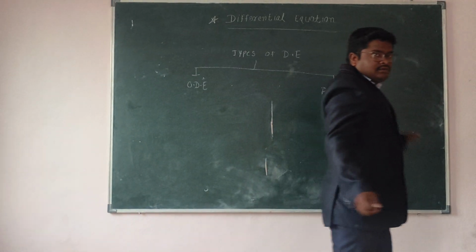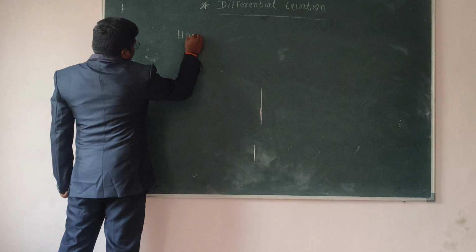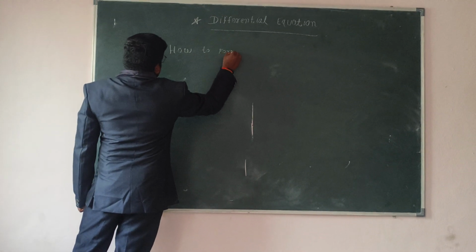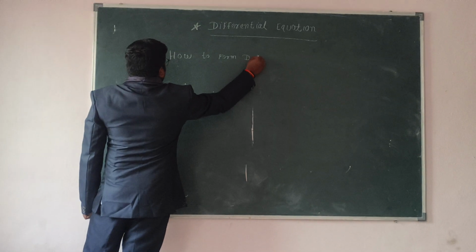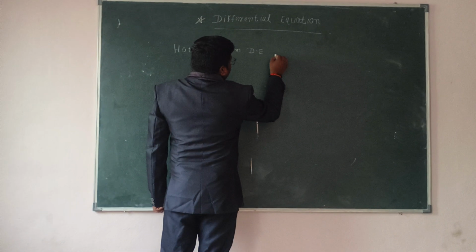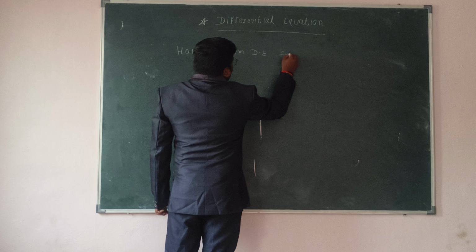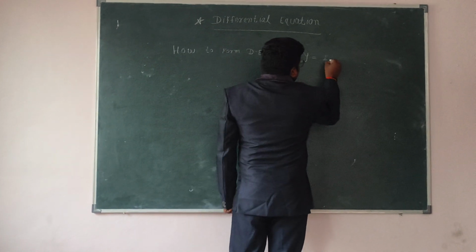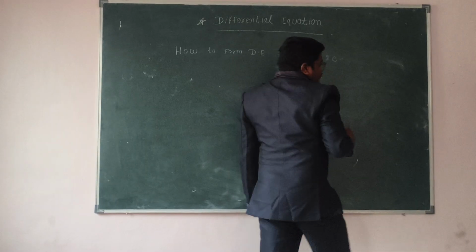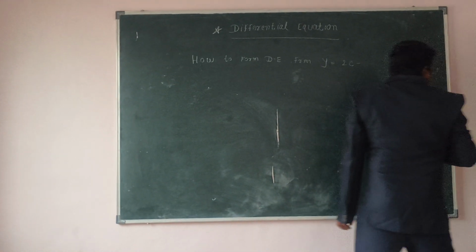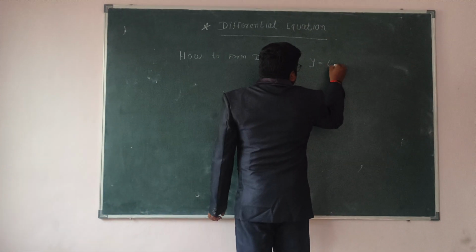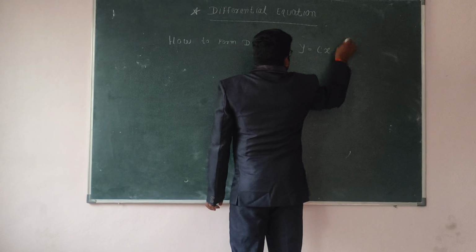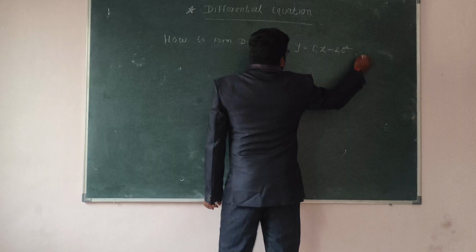Now next, how to form a differential equation from a general equation. y is equal to cx minus 2c square.